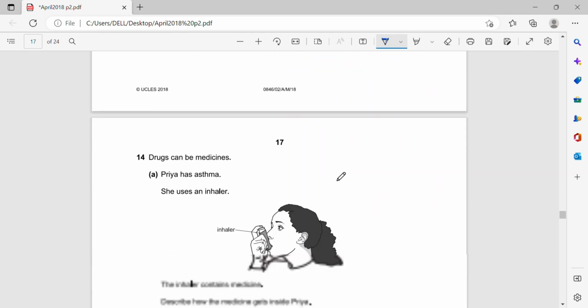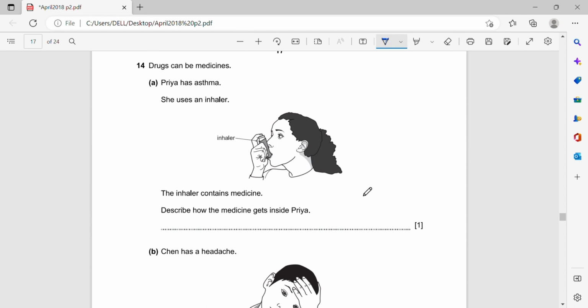Next question 14. Drugs can be medicines. Priya has asthma. She uses an inhaler. So this is the inhaler Priya is using because she has asthma. The inhaler contains medicine. Okay. Describe how the medicine gets inside Priya. Through what?